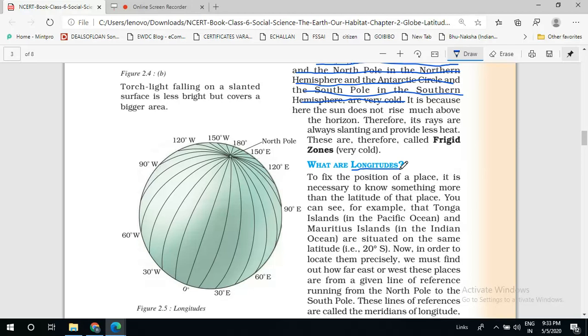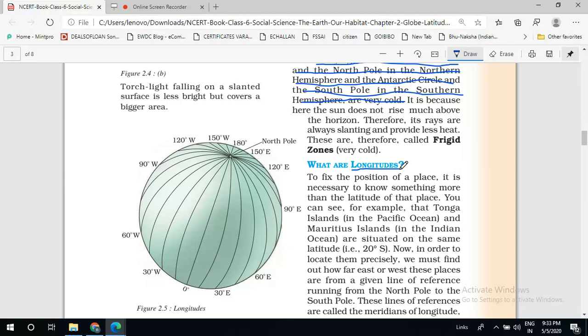Now what we find is that latitudes are not a complete solution for locating any place on the earth's surface, because it is only explaining the location of a place in relation to the equator.